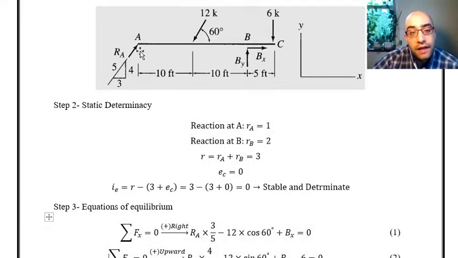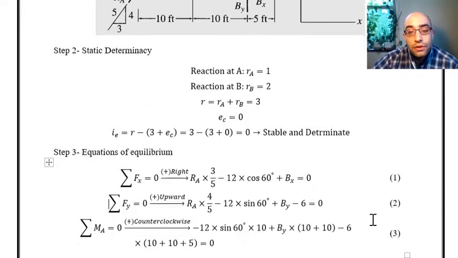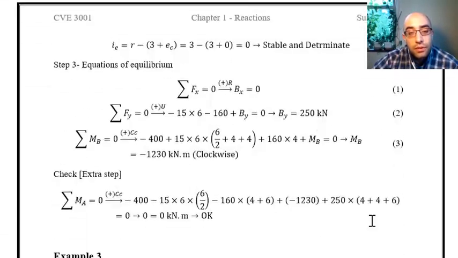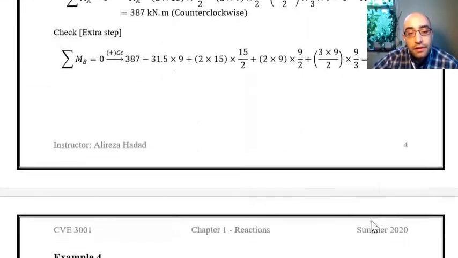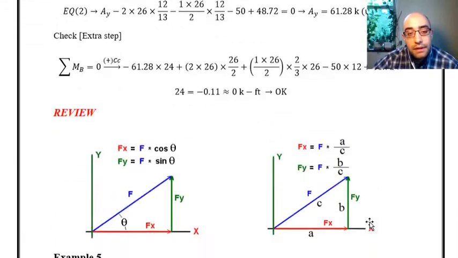Ra, reaction at A, and I need only the horizontal component, so multiplied by 3/5, right? Based on the statics, you know that if a force has an angle to the vertical or horizontal axis, we know how to find the X component or the horizontal component. If you don't remember that, please go down to the end of the fourth example.